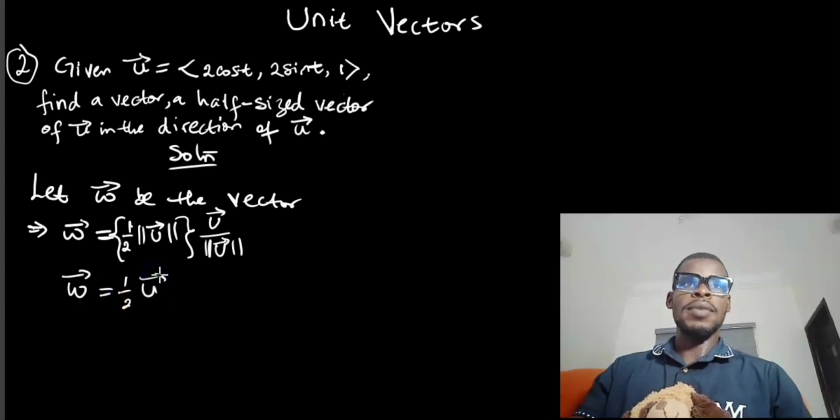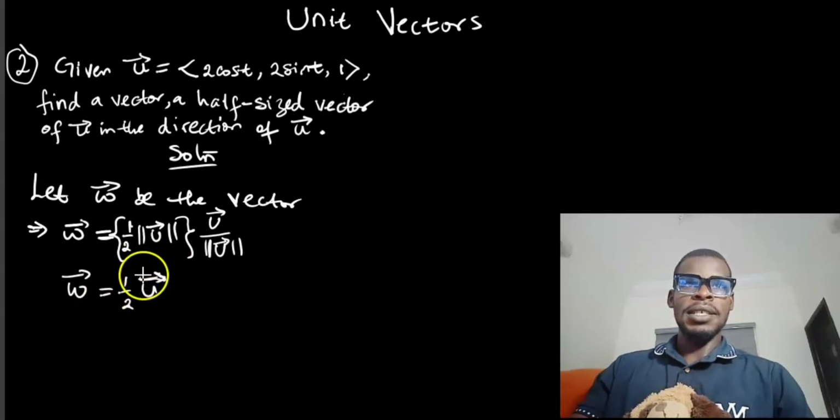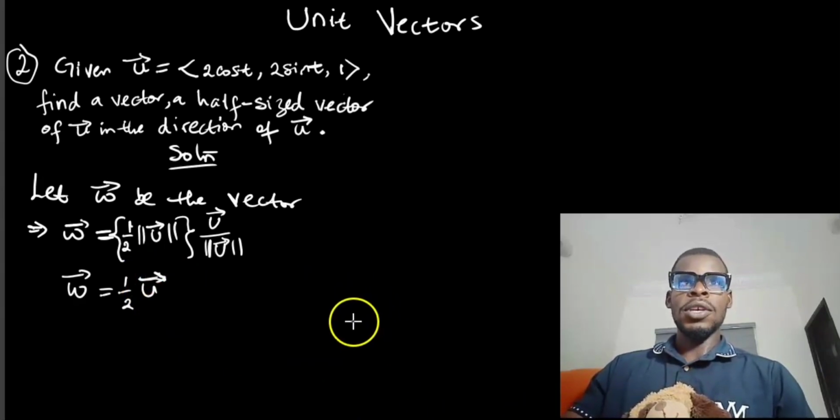So to get a vector which is half of a certain vector pointing in the same direction, just divide that vector by 2. What this scalar does is shrink the vector: it splits it into 2 and takes only one part. So it doesn't change the direction of that vector, it only reduces its size. If this was the original vector u, then half of it should be somewhere here.